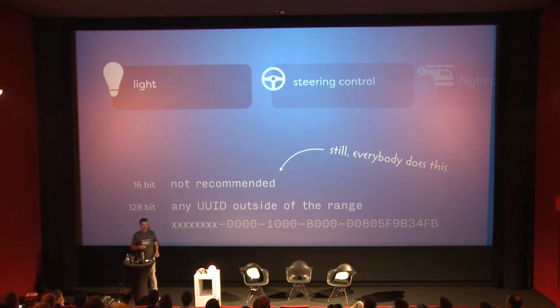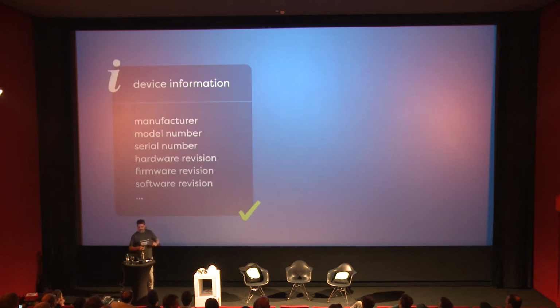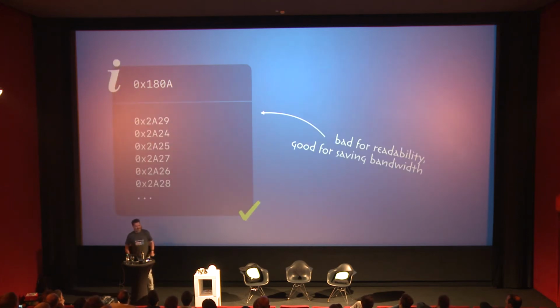The shorter ones are not recommended because they might conflict with the standard. But of course, everybody uses just the short ones. So device information we just looked at kind of looks like this. And that's not really readable, but it's saving bandwidth. And with Bluetooth, you have very limited bandwidth, so this is important.